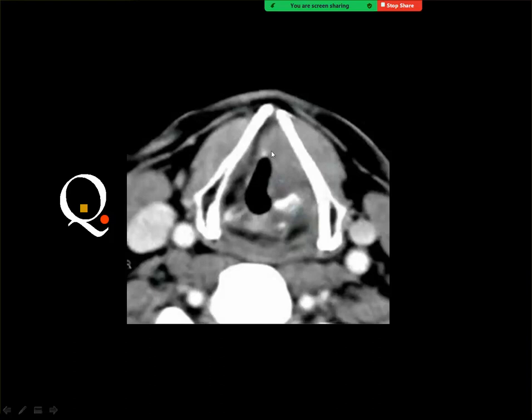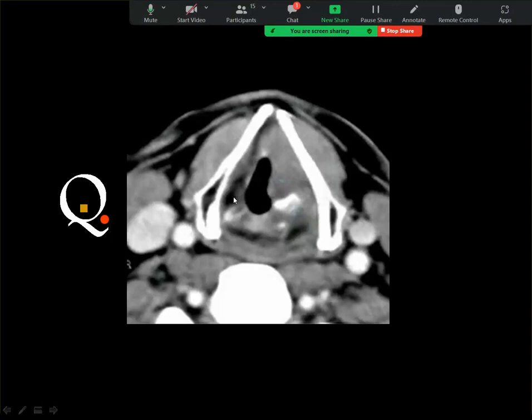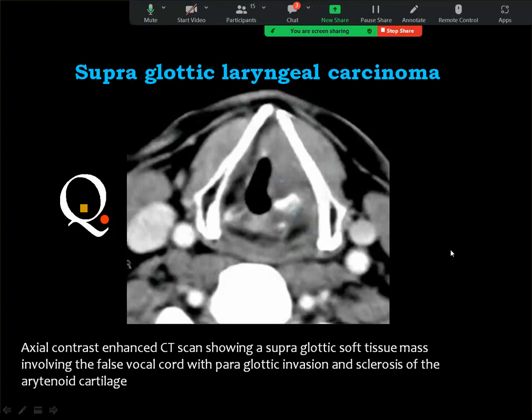You see that there is a soft tissue mass in this particular area, and if you look at the opposite side, you see that this is the false vocal cord, not the true one, and it is identified by the fat which is present in the false vocal cord, meaning that the level of the true vocal cord is not yet seen in this section. Then you should say that this is a lesion which is carcinoma, of course, the most common solid mass in the larynx, and it is in the supraglottic area.